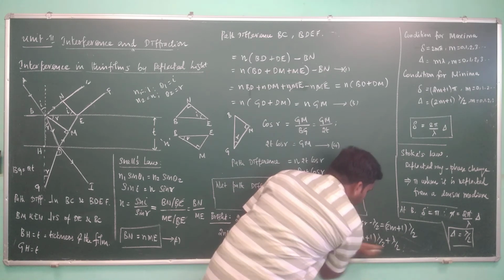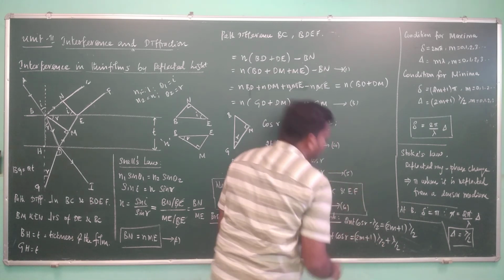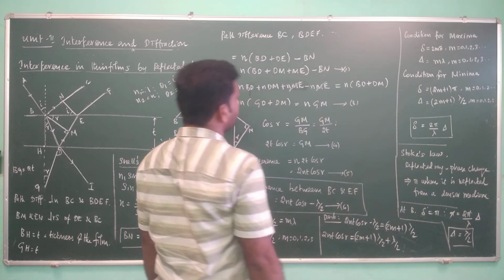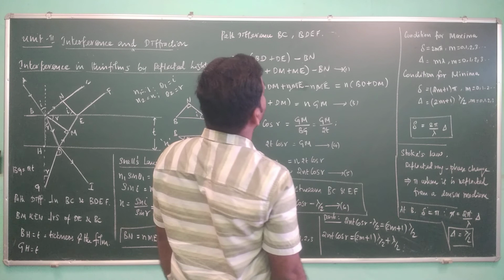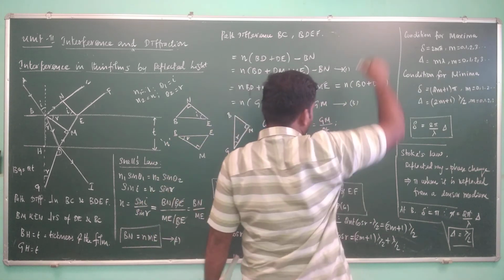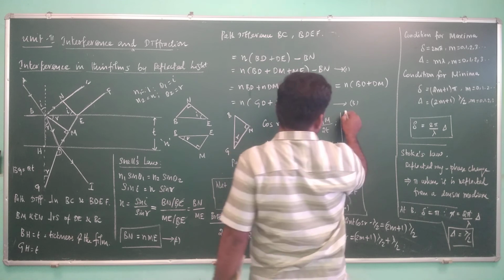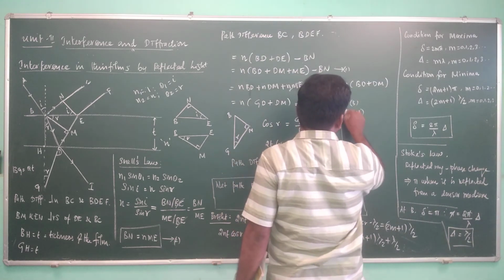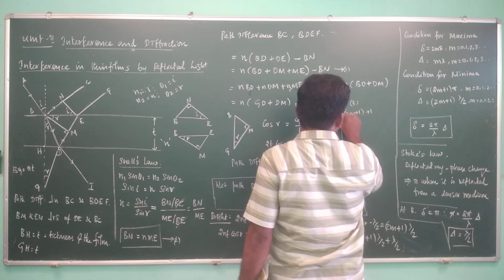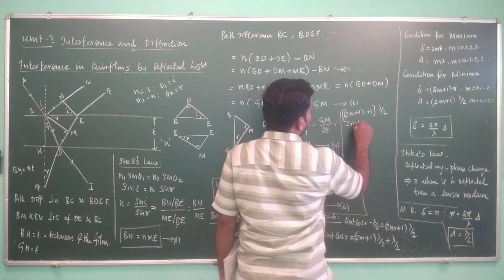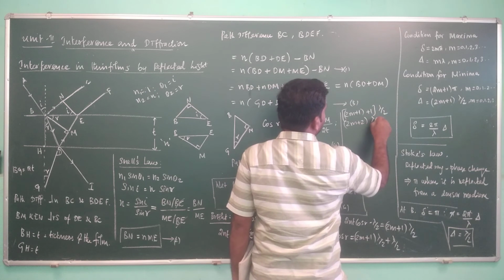See how you would understand. Let me write this over here. 2m plus 1 lambda by 2, and lambda by 2 is common, so that it becomes 2m plus 2 into lambda by 2.